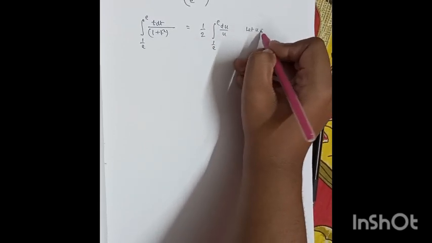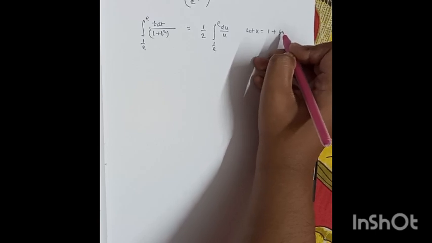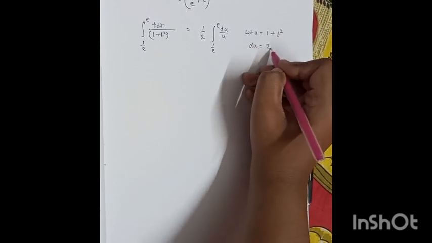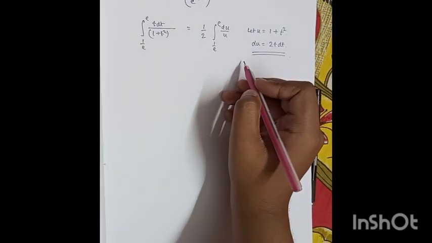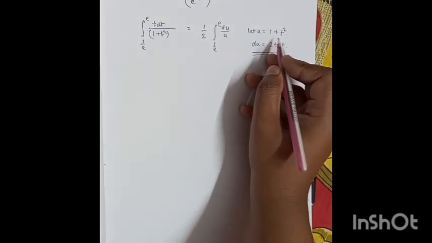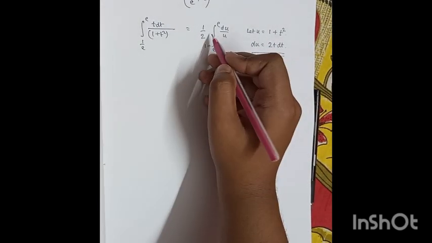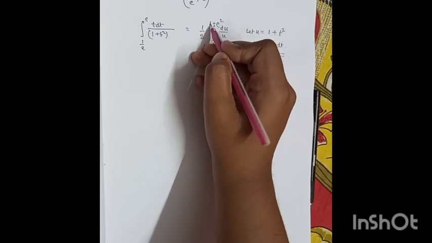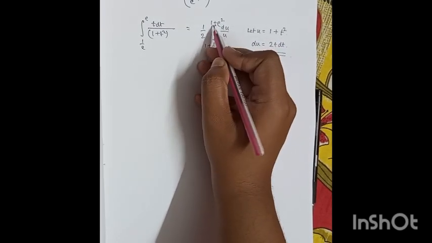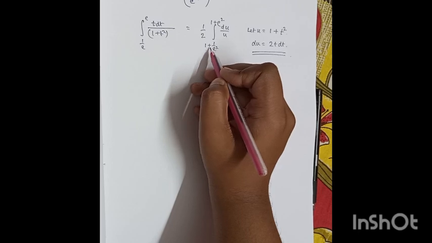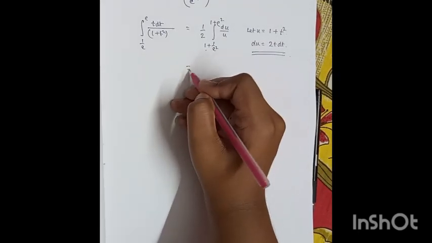Let u equal 1 plus t square. So du will become 2t dt. The limits of u will be switched to 1 plus 1 by e square and 1 plus e square.